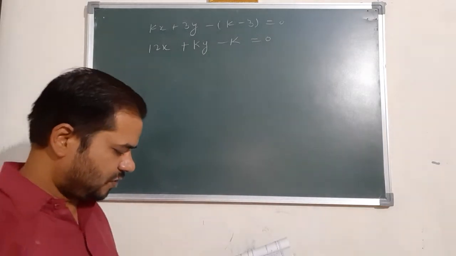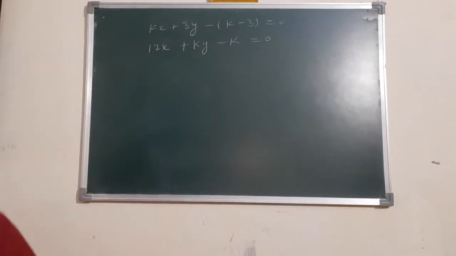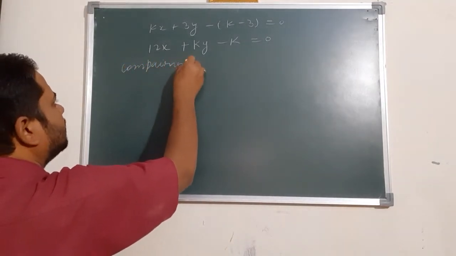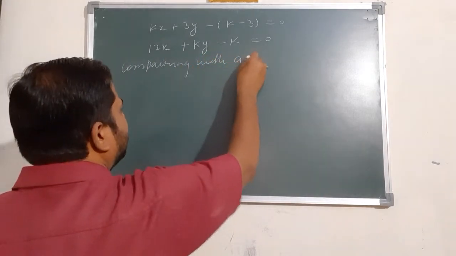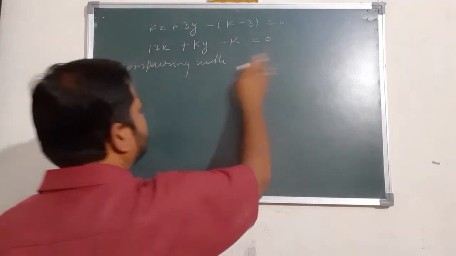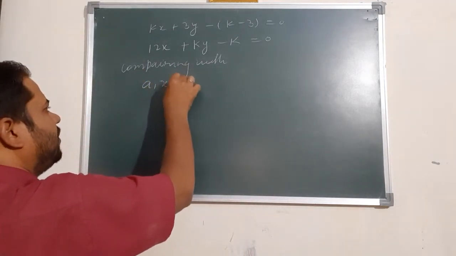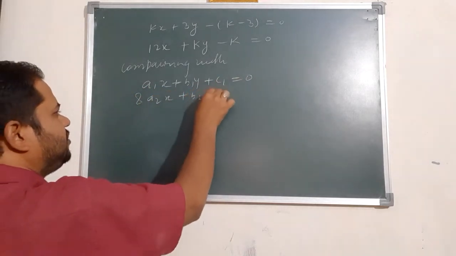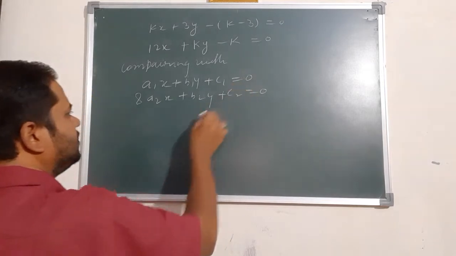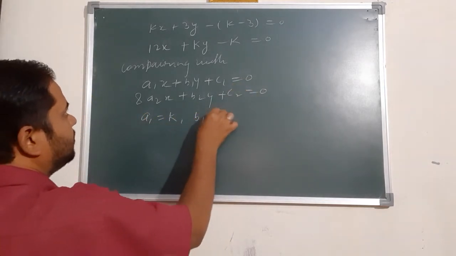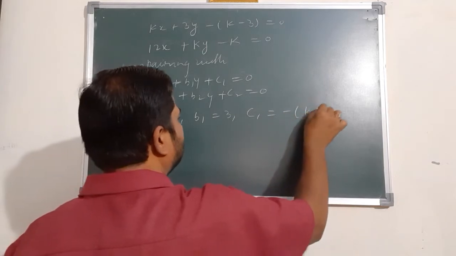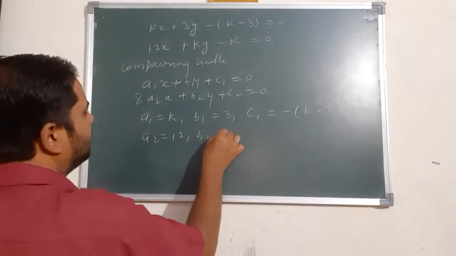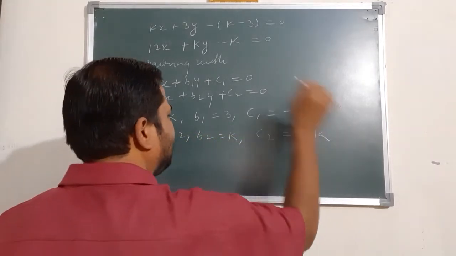Okay, so again we compare with a1x plus b1y plus c1 is equal to 0, and a2x plus b2y plus c2 is equal to 0. So a1 is equal to k, b1 is equal to 3, and c1 is equal to minus of (k minus 3), and a2 is equal to 12, b2 is equal to k, and c2 is equal to minus k.